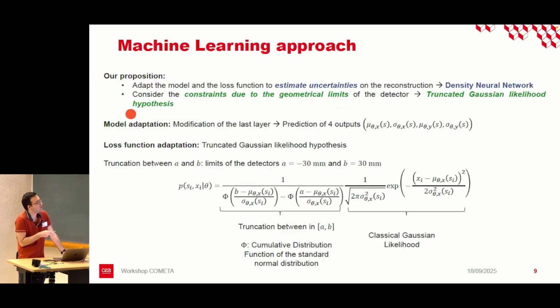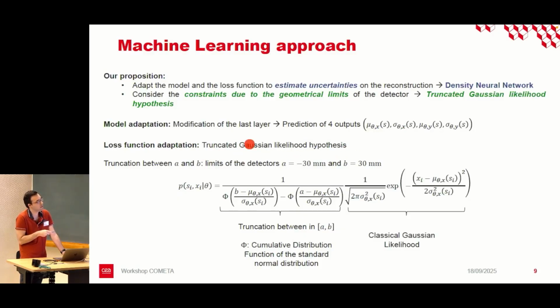So the model adaptation is the following. We modify the last layer so that we do not predict only two outputs, not only the position of x and y, but also an uncertainty, a parameter that represents the uncertainty on x and y, event by event. And we adapt also the loss function that considers these four outputs to produce some uncertainty. So we use a truncated Gaussian likelihood hypothesis.